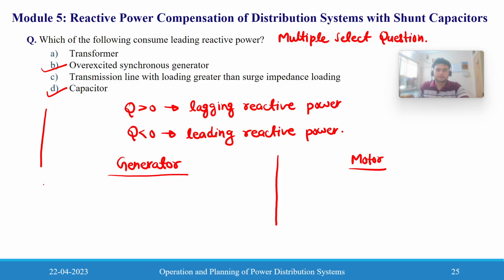So for generator, if Q greater than 0, then what is the basic feature of generator? It delivers lagging reactive power.